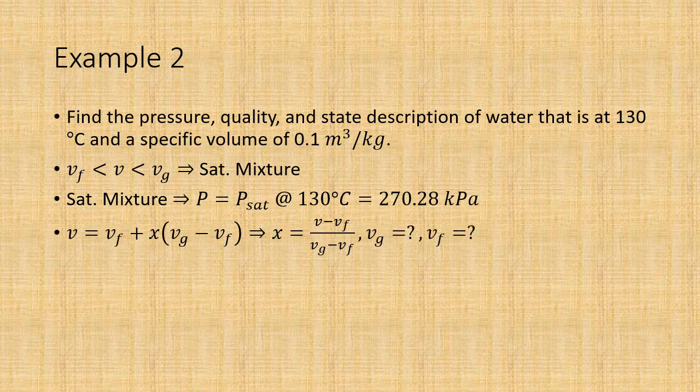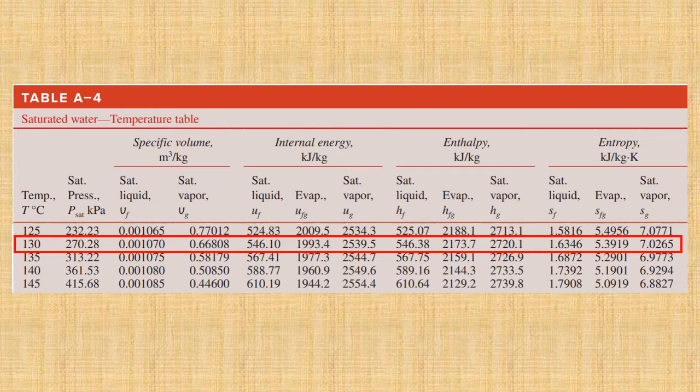To find vg and vf, we go back to the temperature table and look across the row with the given temperature. vf is under the vf column and is equal to 0.001070 meters cubed per kilogram. vg is under the vg column and is equal to 0.66808 meters cubed per kilogram.